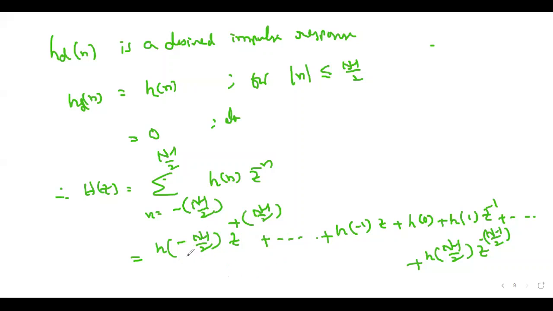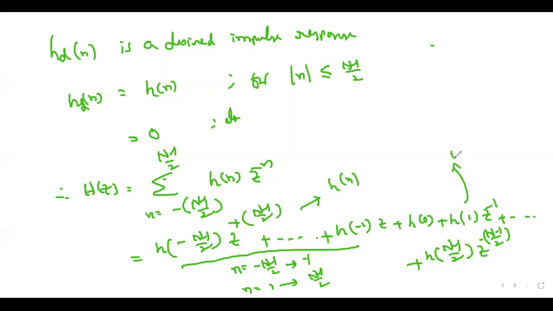In general, this is h of minus n, with n from 1 to (N minus 1)/2, and here the h of n sequence with n from 1 to (N minus 1)/2. That way we can just club this.